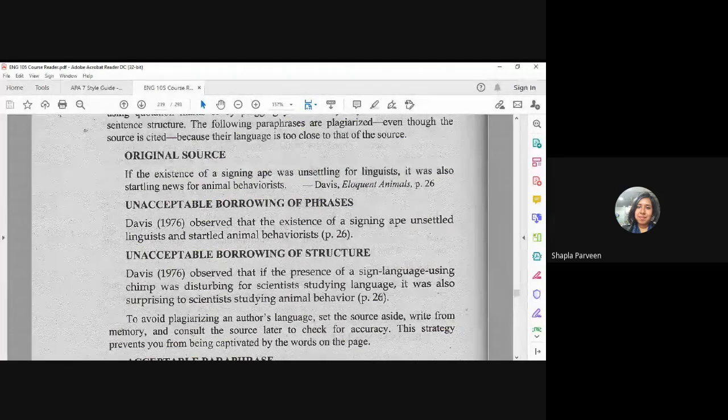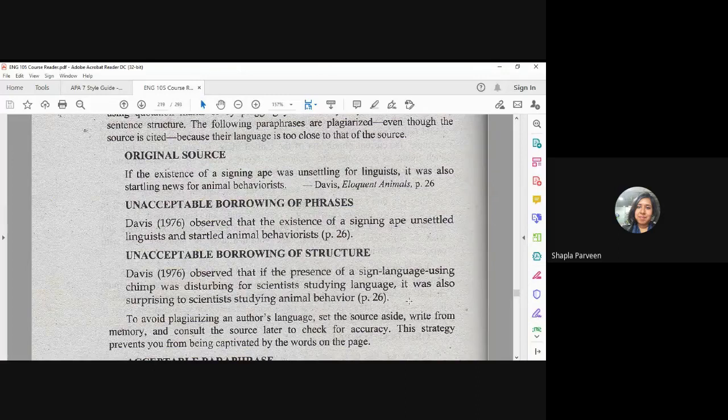So you can see that you need to not only change the language, using synonyms, but you also have to change the sentence structure. You have to change the grammatical structure and write it in your own words. In order to do that, you can either shorten the language or make it longer than the original. That's not a problem.